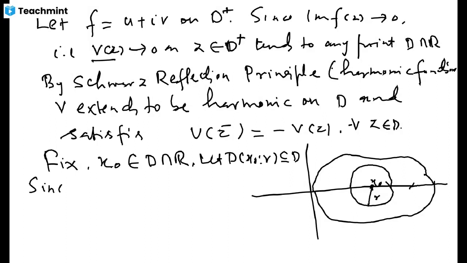So let us write in this way: it is a simply connected domain. A disk is always a simply connected domain, and we know that a harmonic function has a harmonic conjugate on a simply connected domain. So V is a harmonic function now on this disk, and so V has a harmonic conjugate.